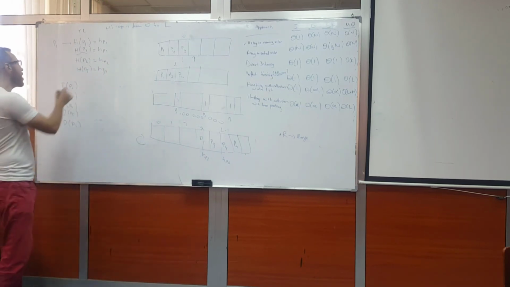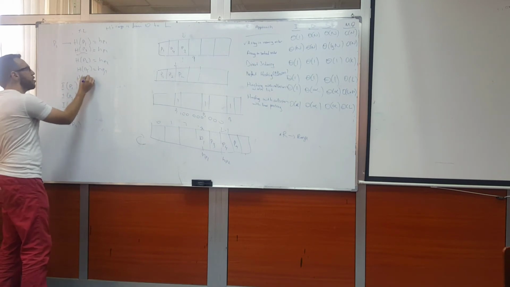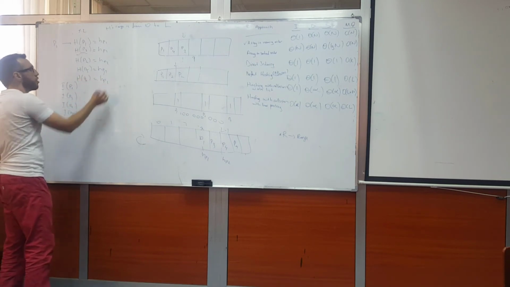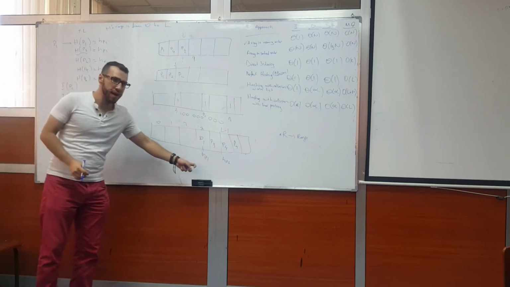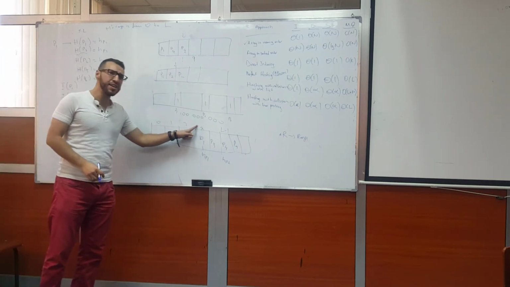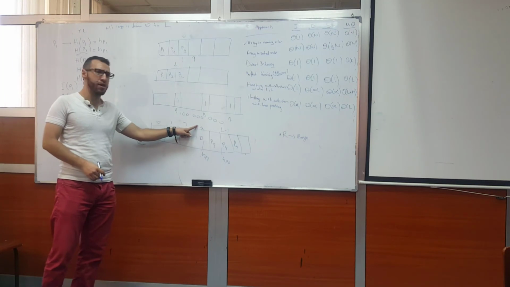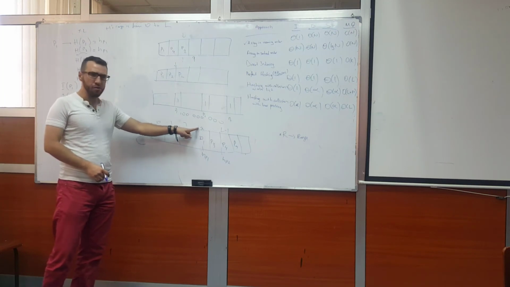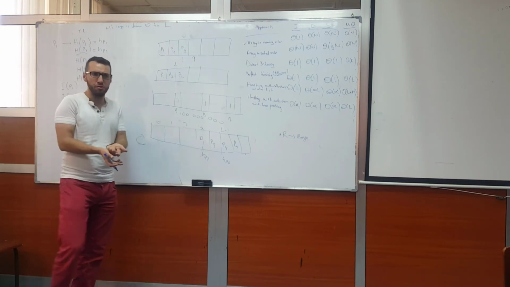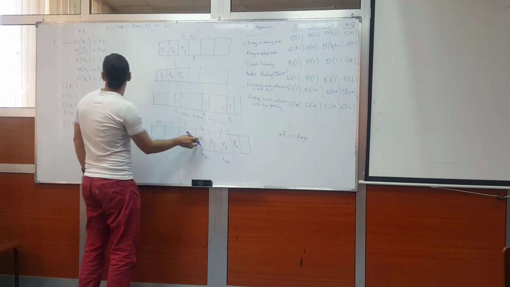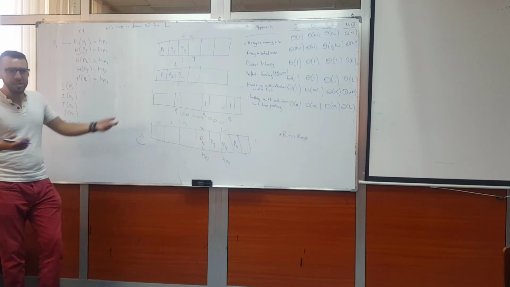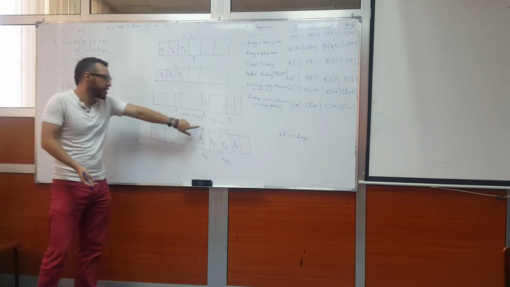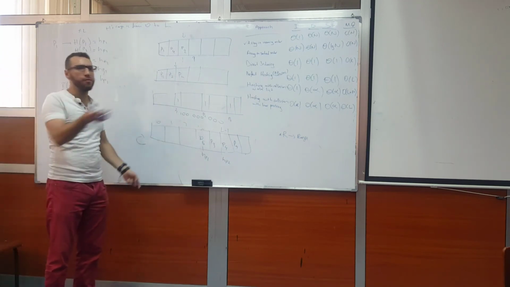And let's say now we are inserting P6, which has the hash value of P1. So we are going to go to HP1 and check, is this slot available for insertion or not? If it is deleted or if it is empty, then it means it's available for insertion. So then I am going to insert P6 here, because there is no point in keeping that delete mark, like the grave of P1. We don't need that.